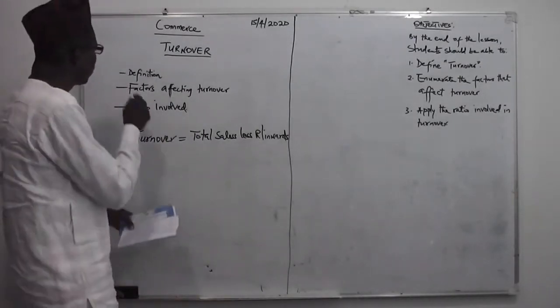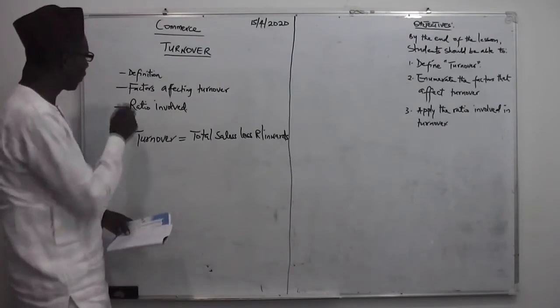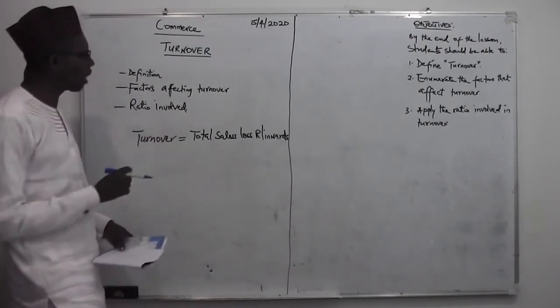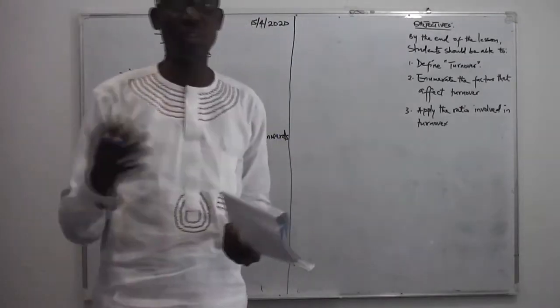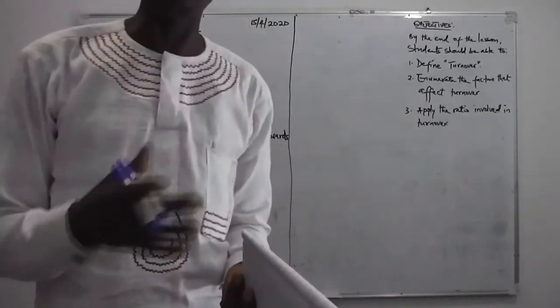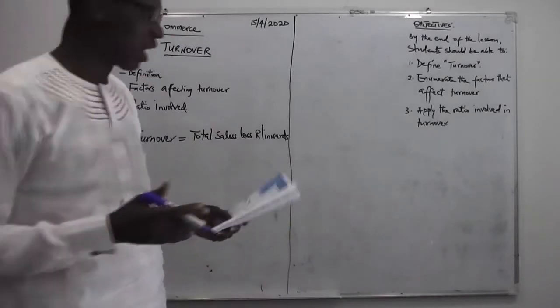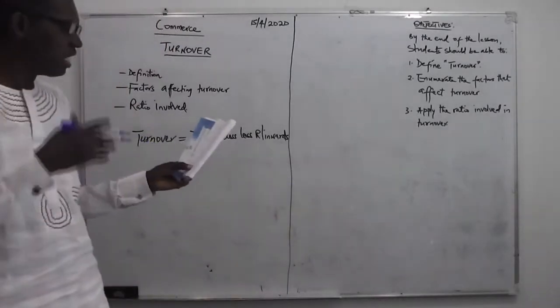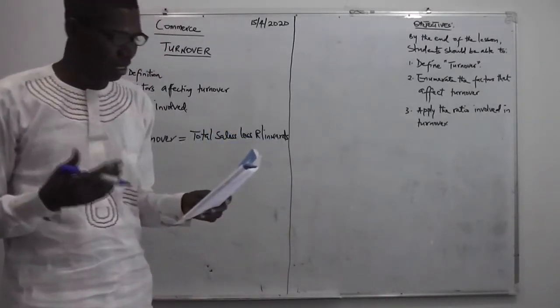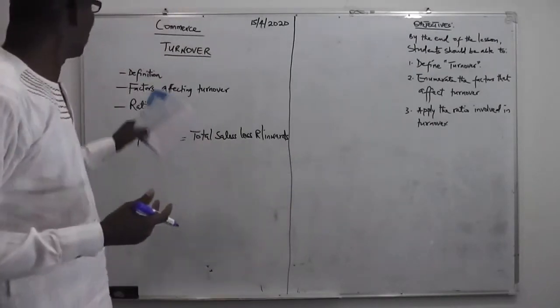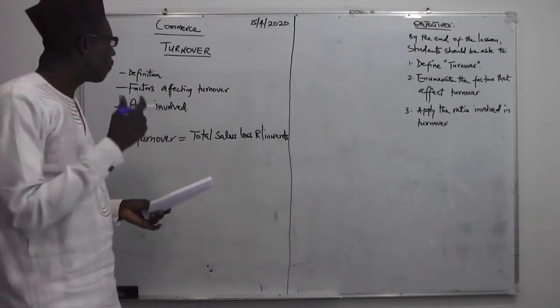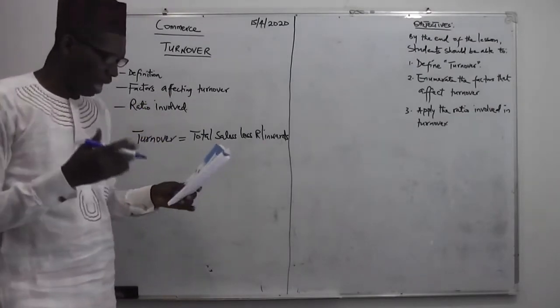But before I forget, let's quickly look at factors affecting turnover. What are the factors that affect turnover? Having understood the meaning of turnover as the net sales of the business in an accounting period, the factors that affect turnover are the following.